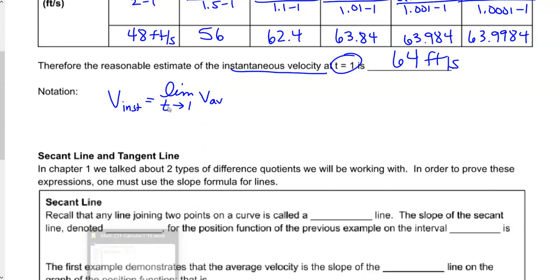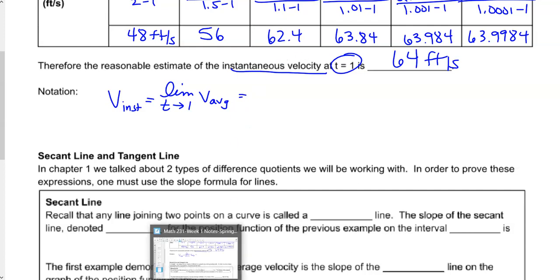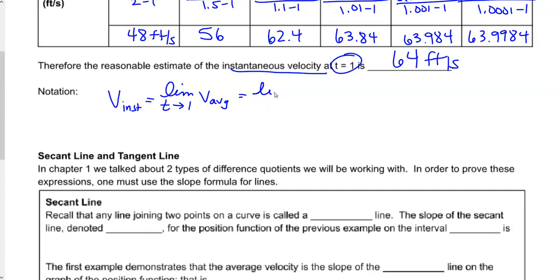So I'm going closer and closer to that 1 of the s of t1 minus s of t naught all over t1 minus t naught. That is found by doing the limit as t goes to 1 of what I just said, s of t minus, at t equaling 1, so minus s of 1, all over t minus 1.